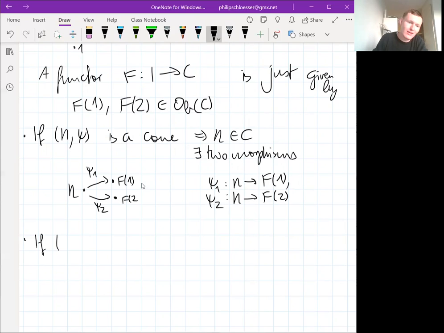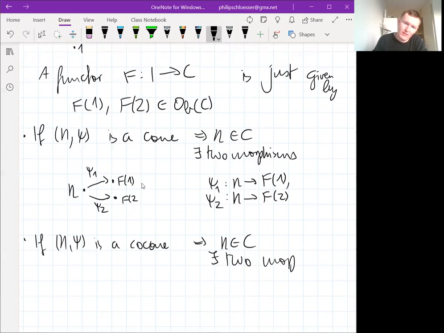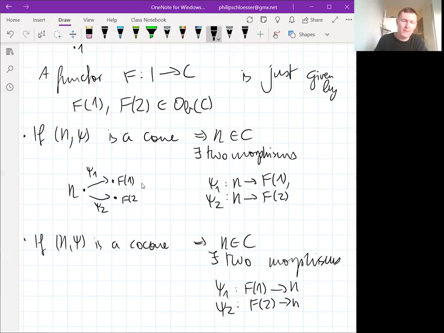Similarly, if n, psi is a co-cone, then n is an object of C, and we have two morphisms: psi1 from F1 to n, and psi2 from F2 to n.